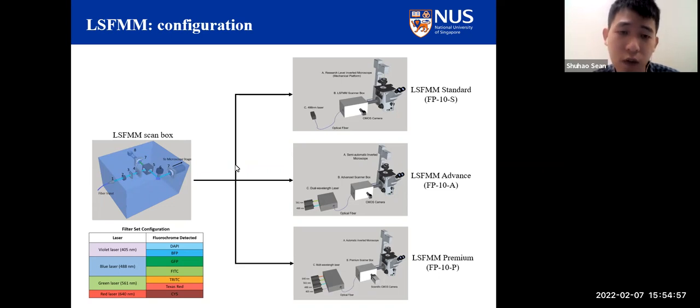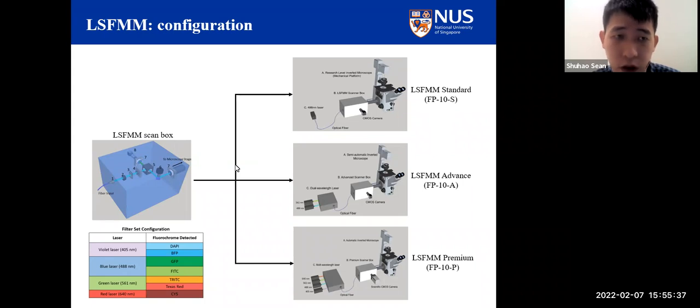For the advanced one, we provide two lasers, and we combine it with a motorized stage and microscope. And the premier one includes all the most advanced functions of the technique, like a four-color laser engine and a scientific CMOS camera to achieve the highest frame rate. The microscope we use is the most advanced one from Olympus.